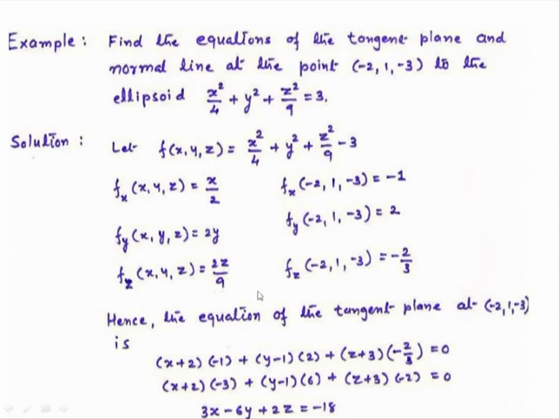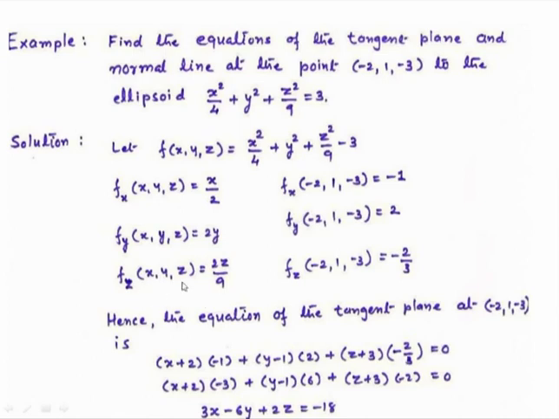So we calculate these partial derivatives at the point (minus 2, 1, minus 3). So del f by del x at the point (minus 2, 1, minus 3) will be minus 2 by 2, so minus 1. Similarly, del f by del y at the point (minus 2, 1, minus 3) is equal to 2 into 1, since y is 1, so 2.